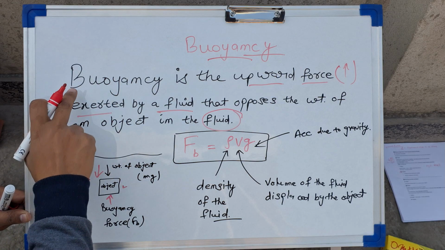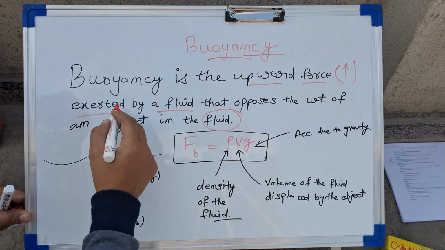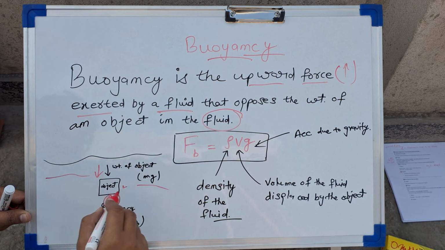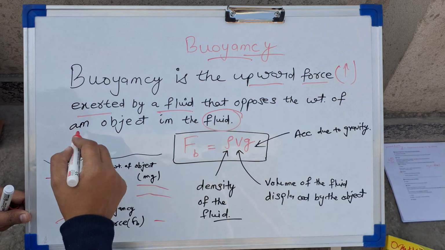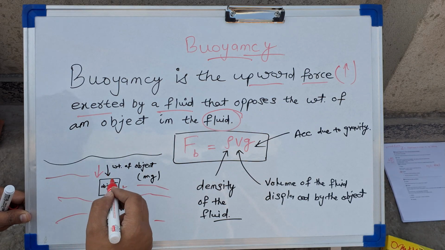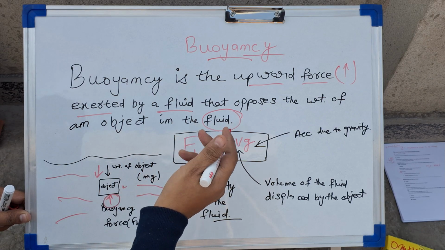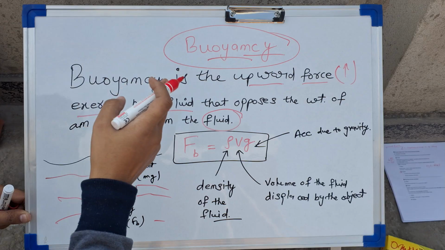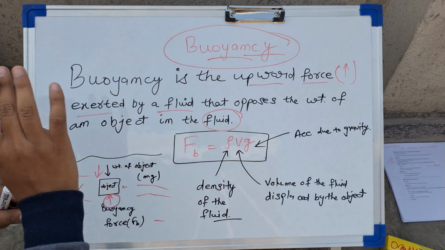That is the definition. This force opposes the weight of an object submerged in the fluid, such as water. This is the reason your ship doesn't sink but floats.